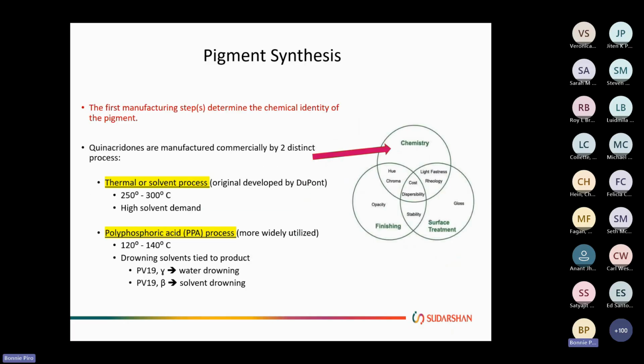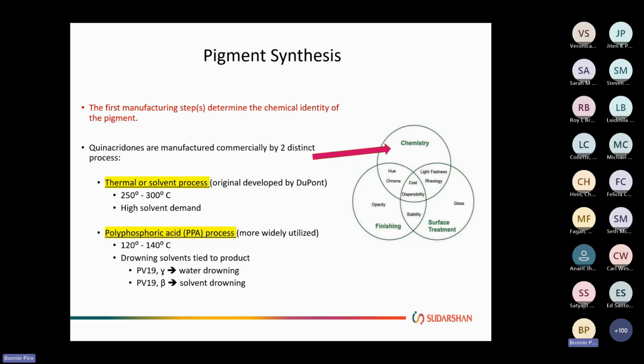In this particular chemistry, there are 2 distinct and different processes to create quinacridone chemistry. They both are very, very different. They start with the same raw materials, but the route and the physical processing are different.